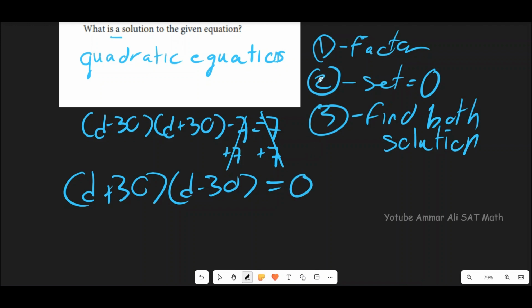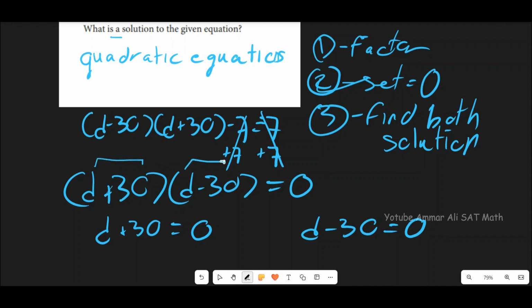So we already are done with step 2, and now we just have to find both solutions. How do we do that? Well, since we have d by itself in this term and d by itself in this term, we can rewrite it such that d plus 30 is equal to 0, and d minus 30 is equal to 0. Mathematically, if we have two numbers multiplied together, one of them has to equal 0.